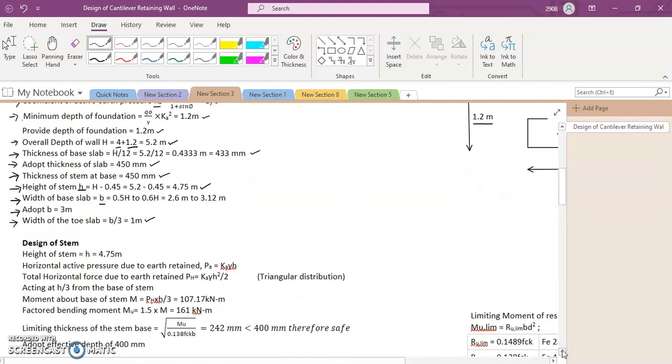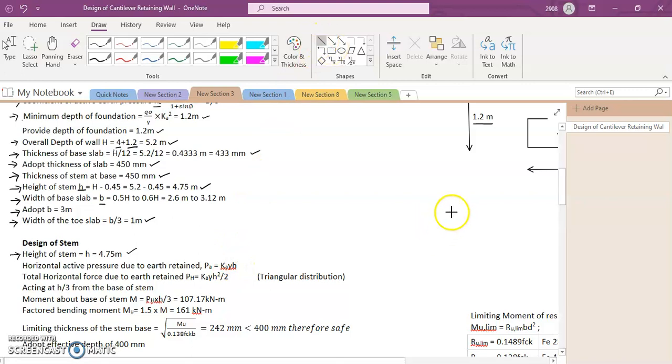Let us now move on and try to design the stem. We know the height of the stem is small h, which is 4.75 meters. The horizontal active pressure due to the earth retained is denoted by P suffix A, where A stands for active pressure, and it is given as Ka gamma h.